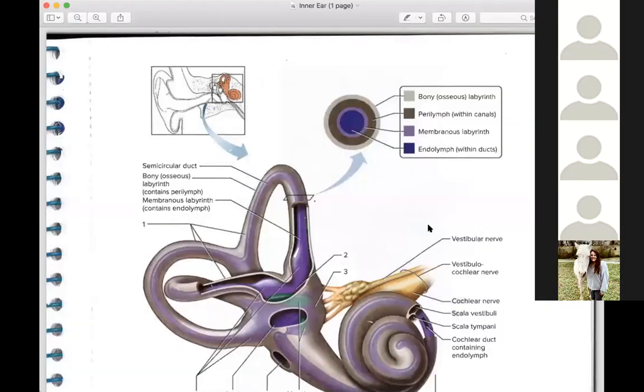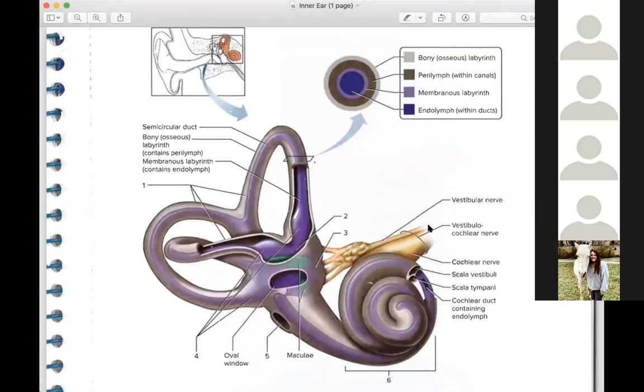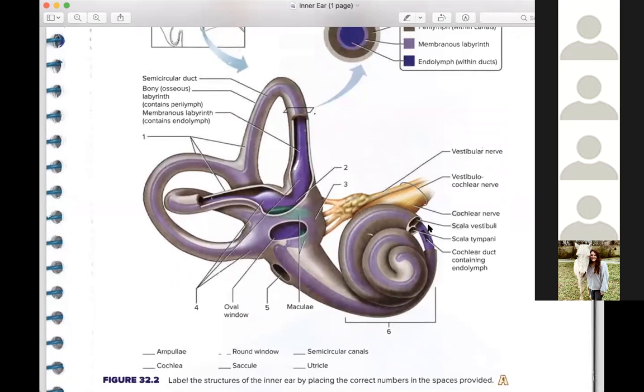Here it is. So now we've kind of made our way into the inner ear. And here's the cochlea that we already labeled, right? Which was actually, I think, number 6 on the last figure. And it's also number 6 here, so you can put number 6 here. Number 1 here, you can see there's 3 of them. Here's one, and here's one.